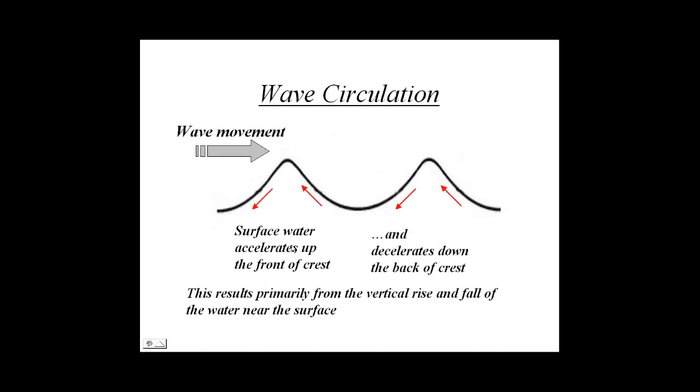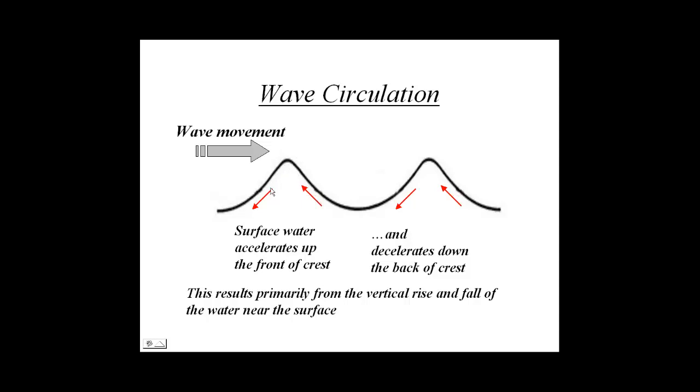Let's look again at this diagram. The surface water, since it's standing still and the wave is moving, actually flows up the incline as the wave moves from left to right. With respect to the wave, the water is going up.